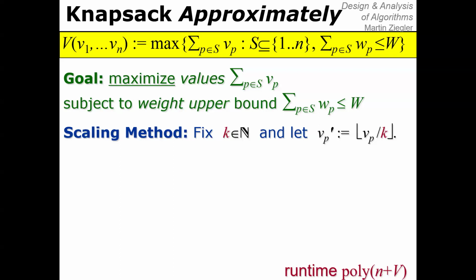So what we're doing here, we're rounding it down to maybe thousands of won, which corresponds to choosing k equal to 1,000.